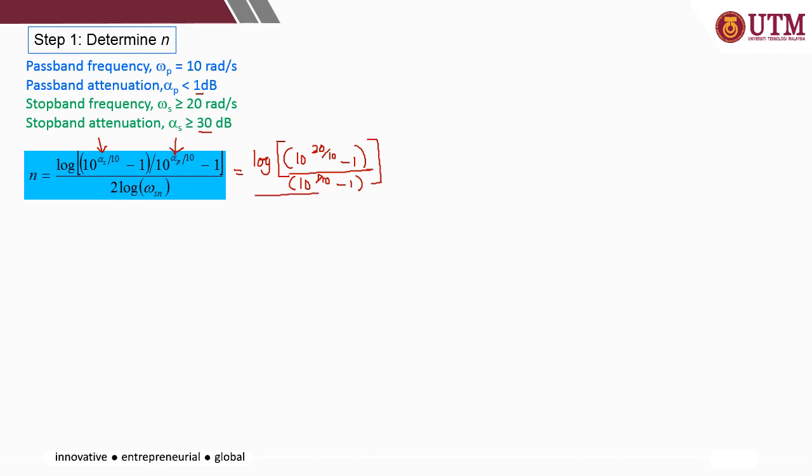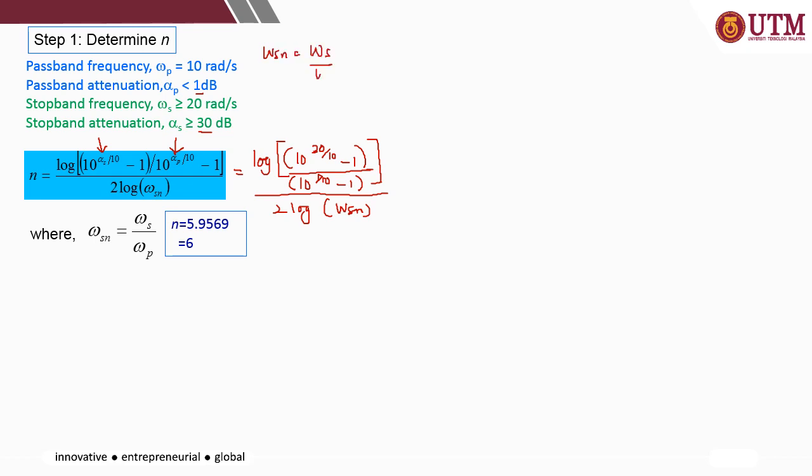Then this is divided by 2 log of omega Sn. Omega Sn for a low pass filter is omega S over omega P. In this case omega S is 20 divided by omega P, which is 10.